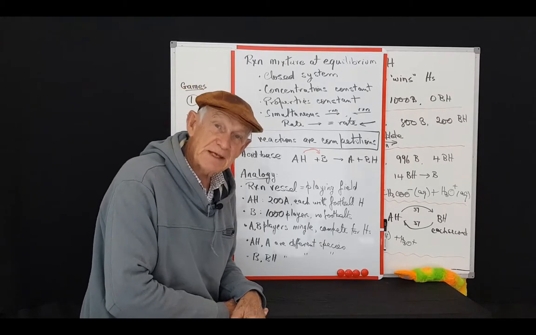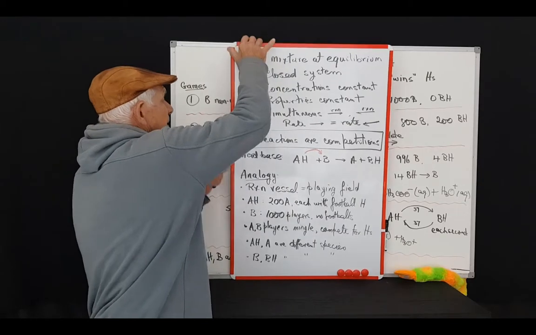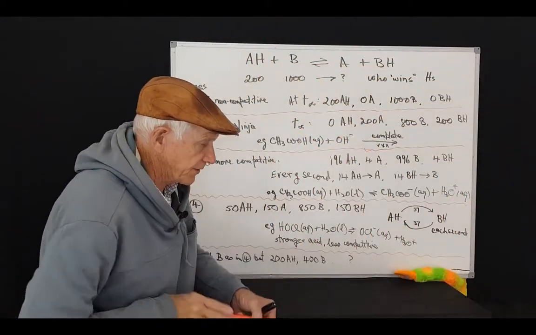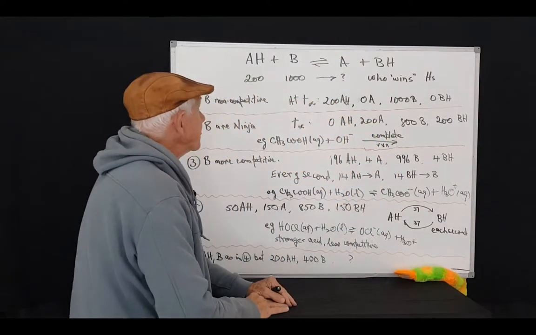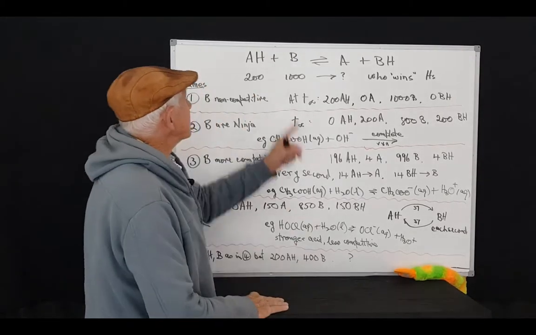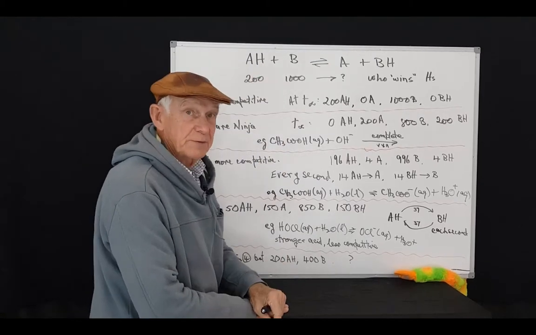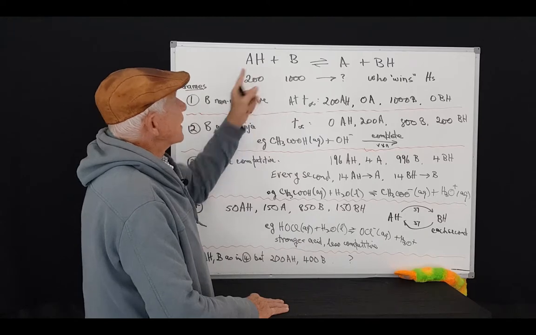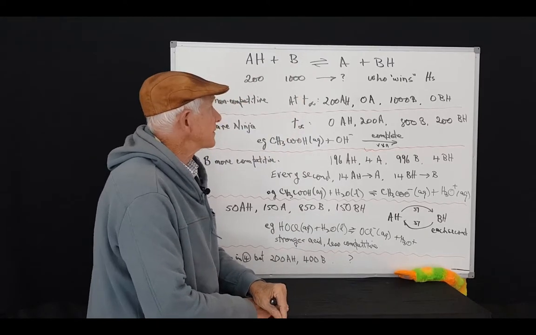Should we play some games? Let's. I know I've got a lot of writing, a very crowded board. So be it. We're going to have some competitive games between species AH and B for the H, the footballs that A's carry. And there'll be 200 AH come onto the ground and 1,000 B players come onto the ground.